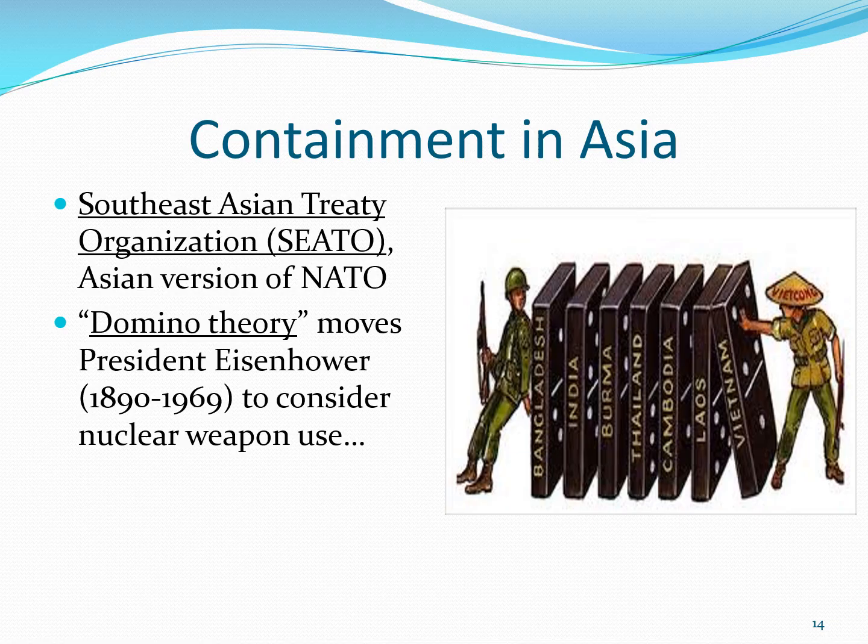And this is what moved President Eisenhower in the 50s to consider nuclear weapon use if communism tried to spread in Southeast Asia. This also gets the United States involved in other conflicts in Southeast Asia.